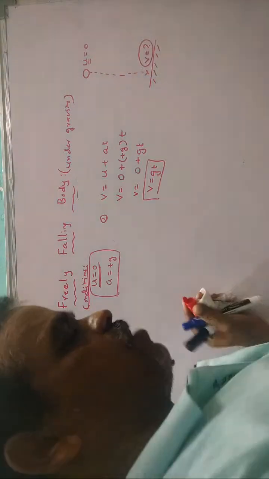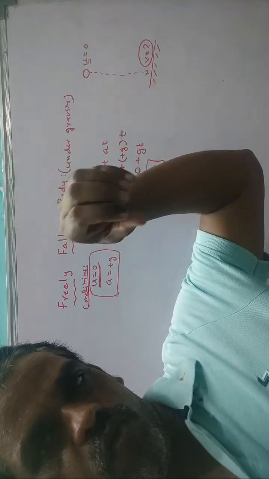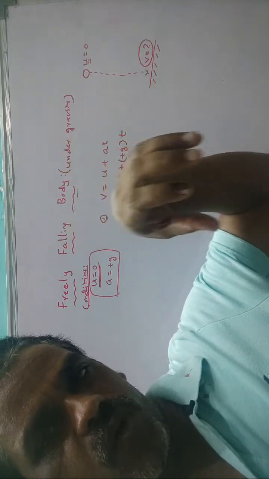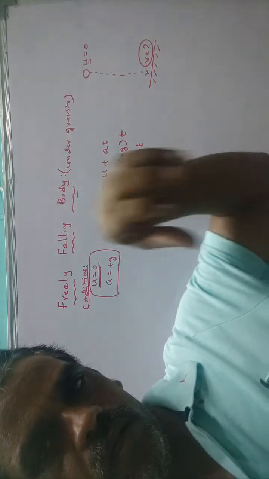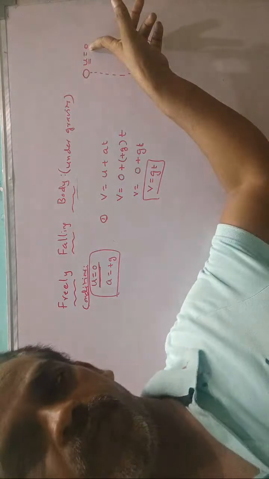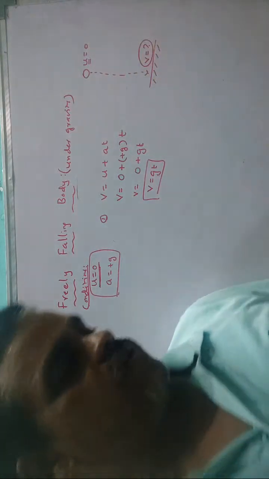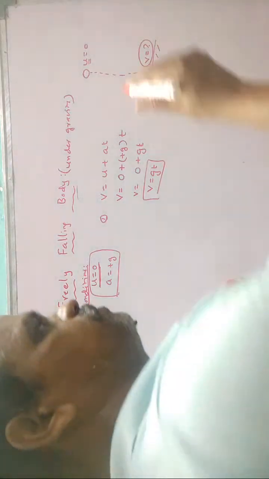So if we drop a ball from some height, if we open our fingers, the body will come down to the earth. When we are dropping, the initial velocity of the ball is 0. It travels for, for example, t time.